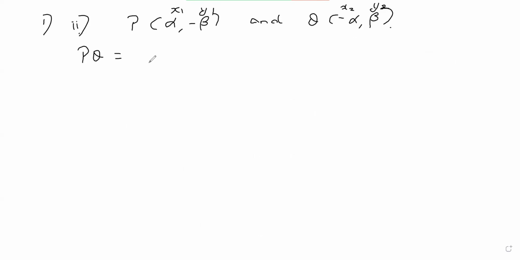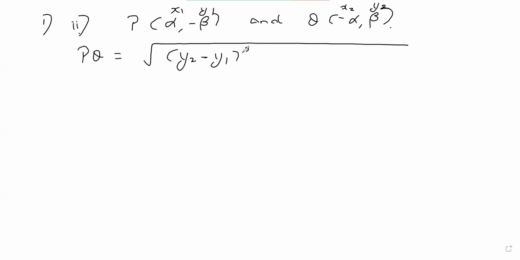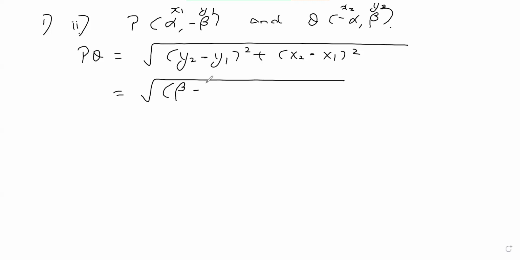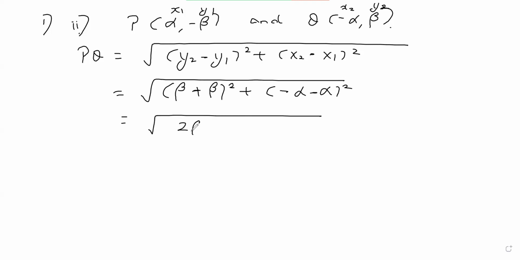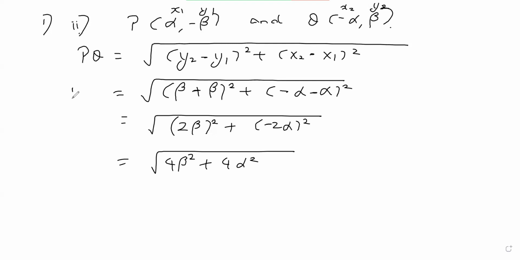So my PQ is the square root of y2 minus y1 squared plus x2 minus x1 squared. This is beta minus of minus beta, which is plus beta squared, plus minus alpha squared. So this is 2 beta squared plus minus 2 alpha squared, which is 4 beta squared plus 4 alpha squared.